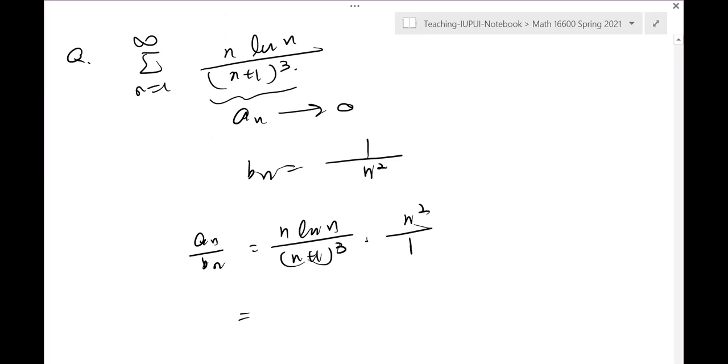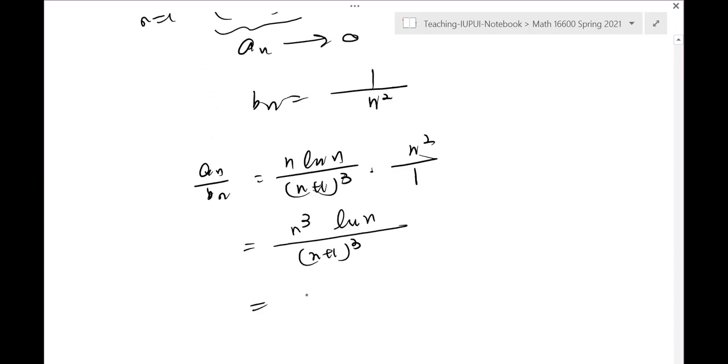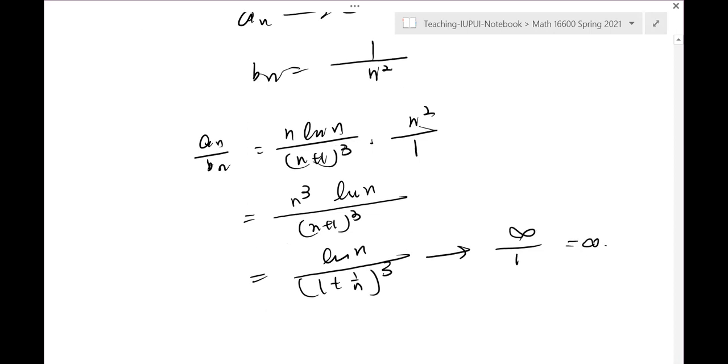All right, so what I got here would be n cubed natural log of n over n plus 1 cubed. So I divide numerator and denominator by n, I'll get 1 plus 1 over n cubed. The limit is infinity over 1, it's infinity. So that means the sum, yeah, that's infinite.